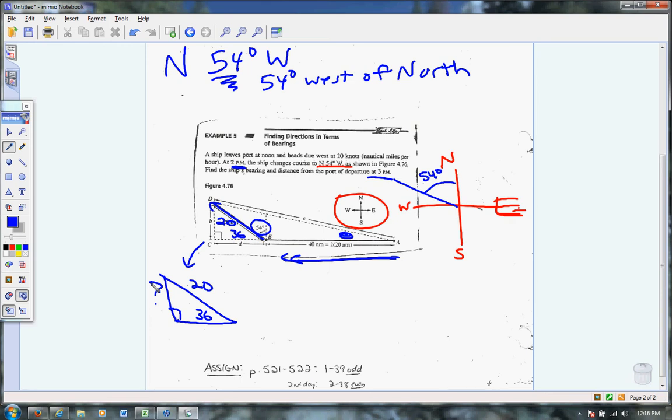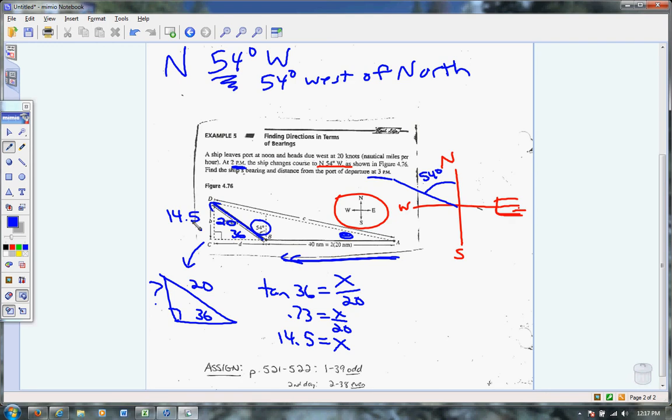Right? So can't I find this using trigonometry? I have opposite and adjacent, so I could do the tangent of 36 equals x over 20. Okay? And so I'll go ahead and do that. The tangent of 36 is 0.73. That equals x over 20. Multiply that by 20 to solve, and I get 14.5. Now, the reason why that is important is because I'm really working with the big triangle. I now know that this side is 14.5.